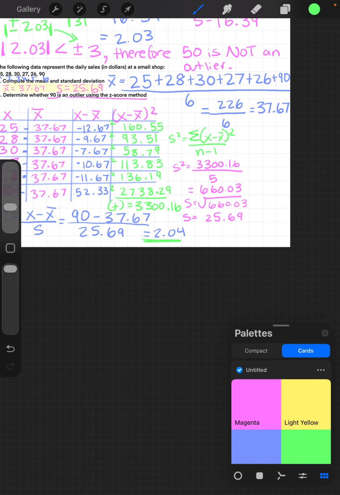This number means 2.04 is less than 3. Well, less than plus or minus 3. This means plus or minus 2.04 is less than 3. Therefore, 90 is not an outlier.